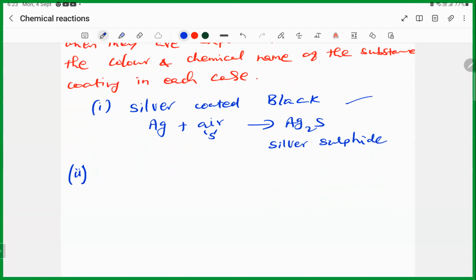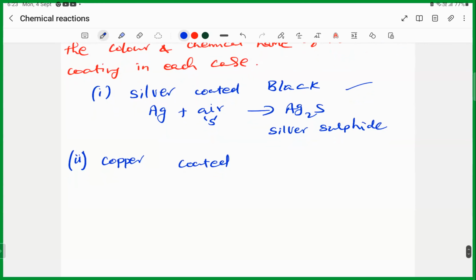Number 2, copper. What color is the coating? You have a copper water bottle; if you don't wash it, it gets a brown color, and then a green color. Very good. It is coated with green color.